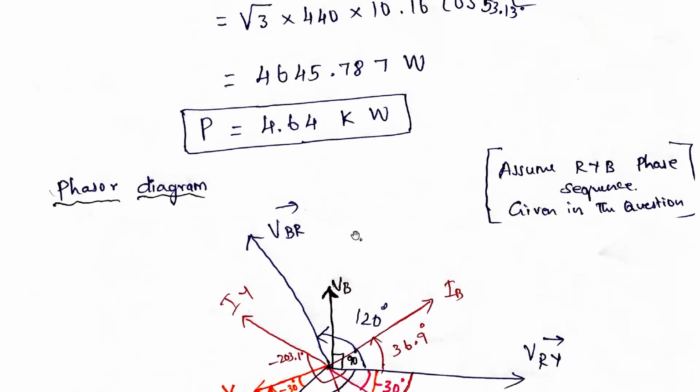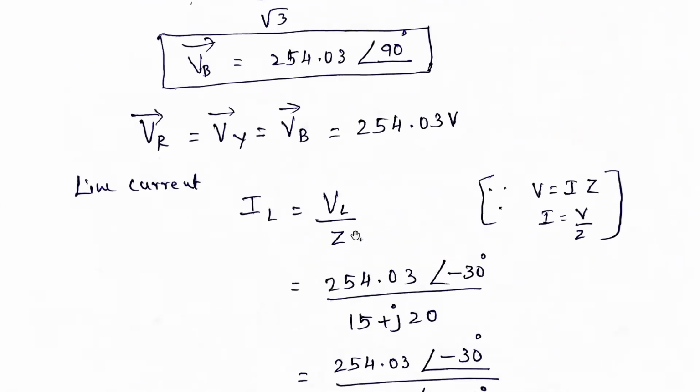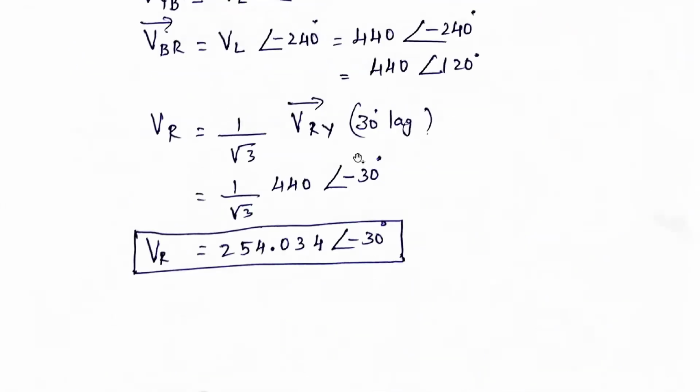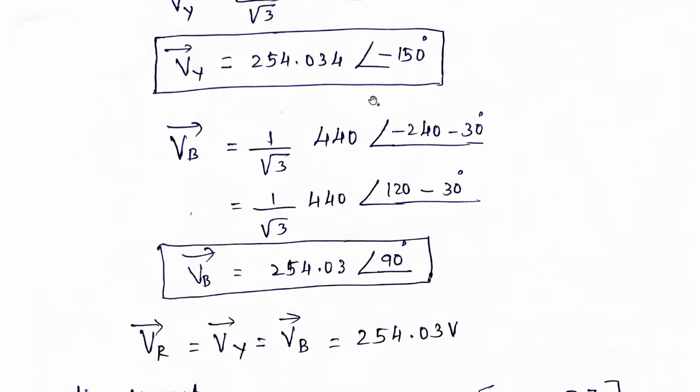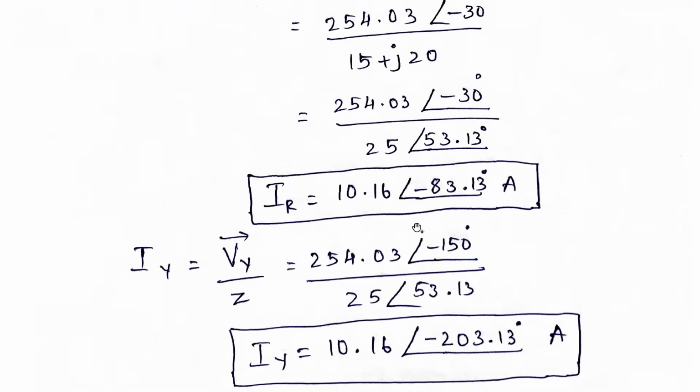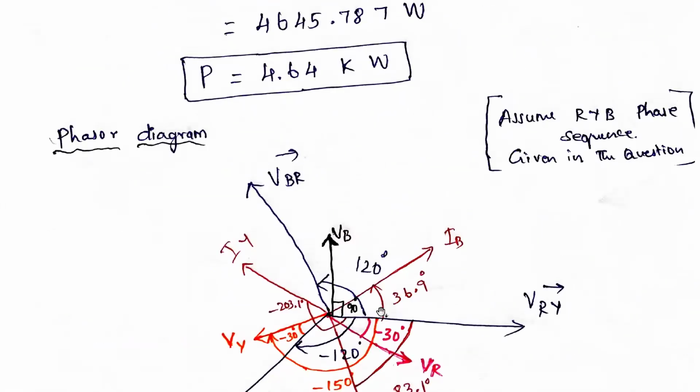Then VY is marked in orange color. What is the answer we got? VY is minus 150 degree. So we are marking from here to here 150, because from this point to this point is minus 120, and adding this minus 30 degree also, it will come to minus 150.